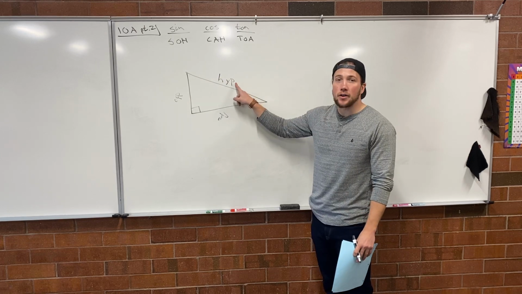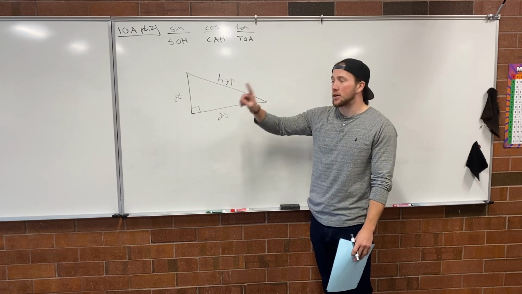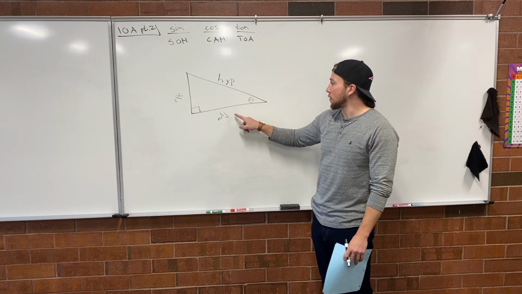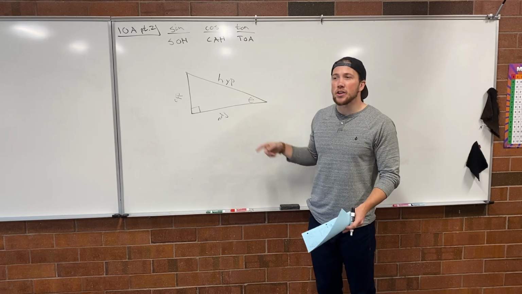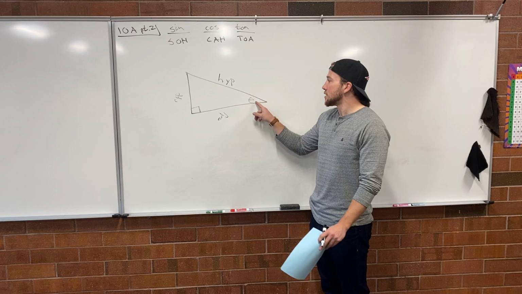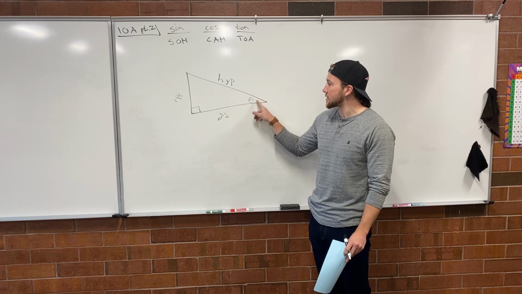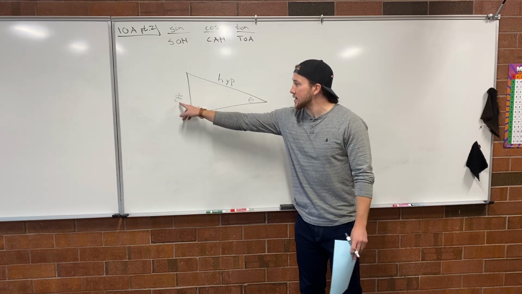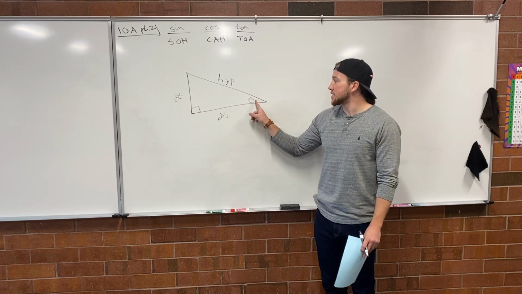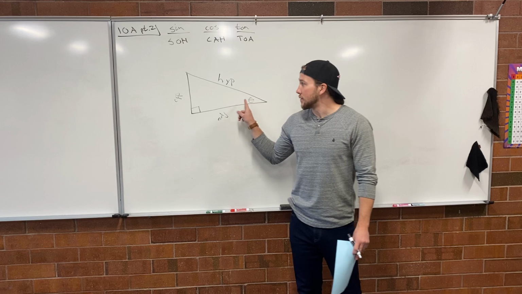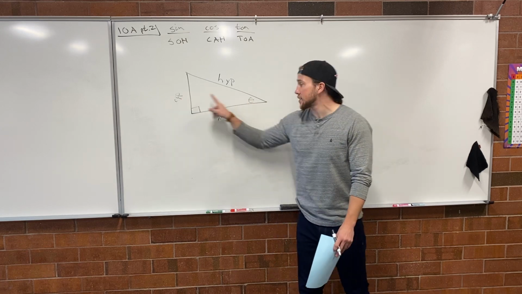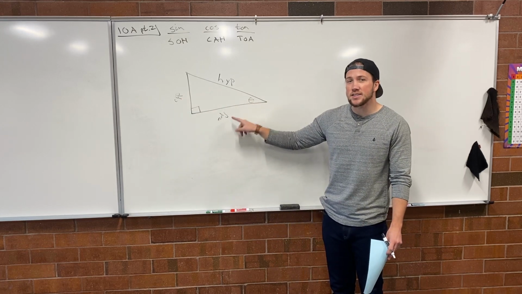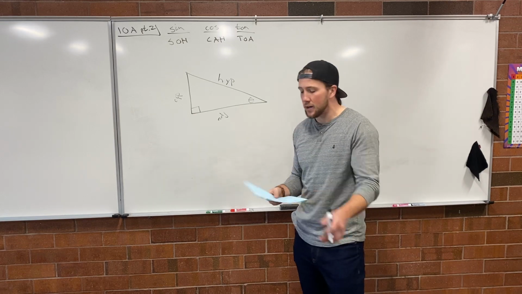One of them is the hypotenuse, the first one we identify with every problem, and that's right here. The other one has to be adjacent, and adjacent really means next to the angle, the one that's next to the angle that is not the hypotenuse. Opposite is just straight across, and adjacent is right next to the angle. This is how we've got to be thinking about all of this as we go through these problems.